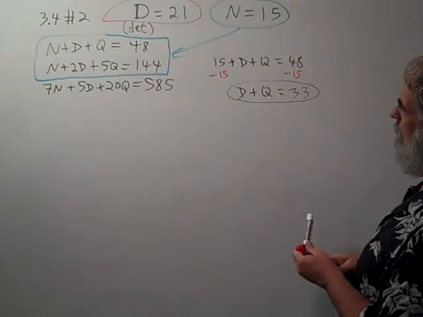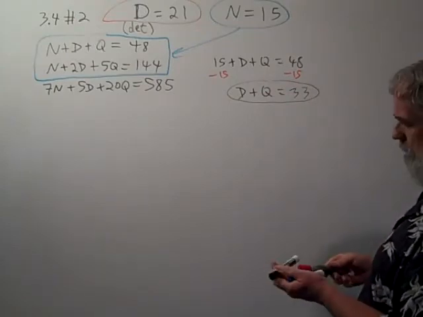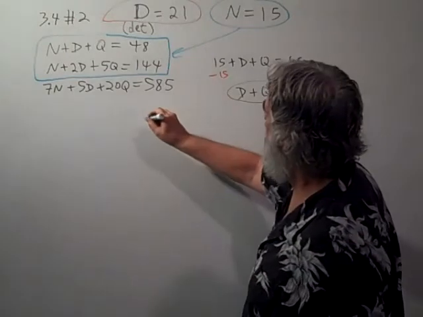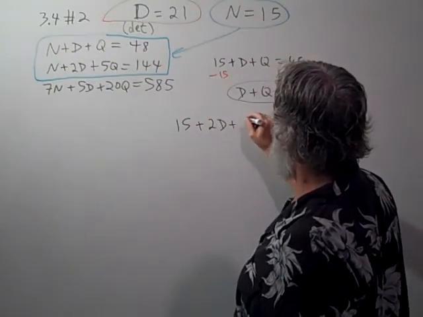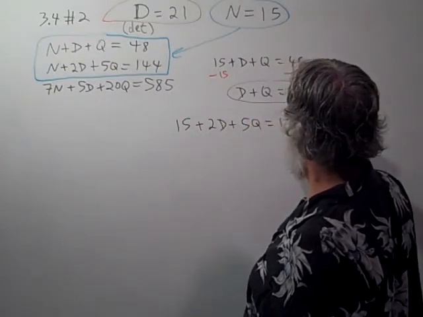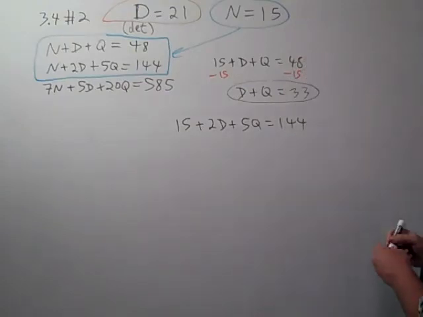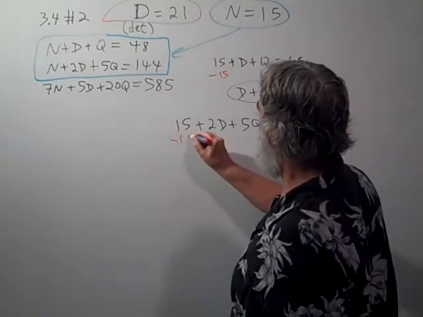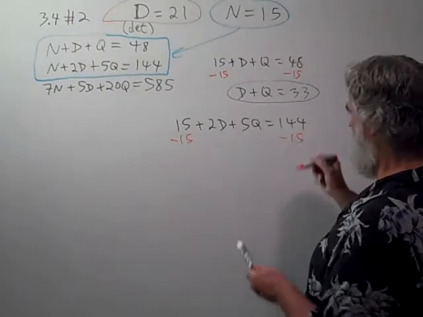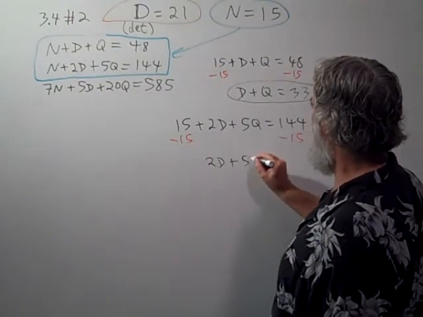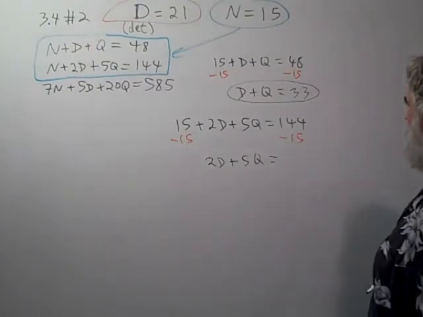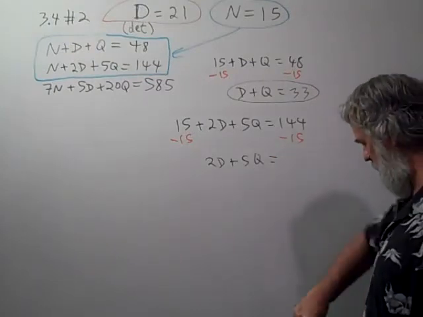So let's plug n equals 15 into the second equation, and it becomes 15 plus 2d plus 5q equals 144. And if we take 15 away from both sides of this one, we end up with 2d plus 5q adds up to 144 minus 15.